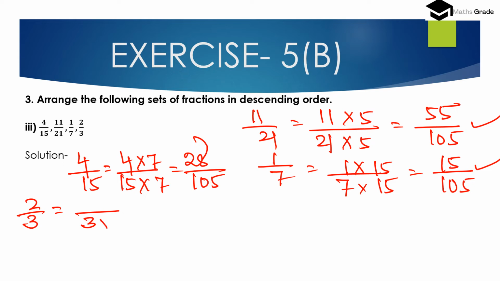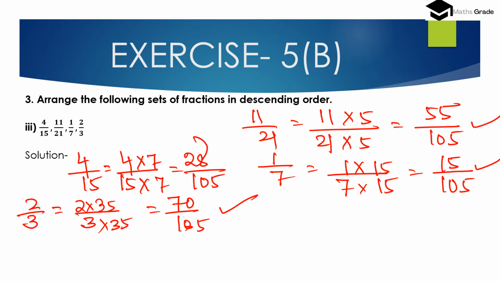We have to multiply the number 3 with 35, we get 105. So we have to multiply the same number 35 with the numerator 2. 2 multiplied with 35 is 70. Now 70 divided by 105 is the equivalent fraction of 2 divided by 3.